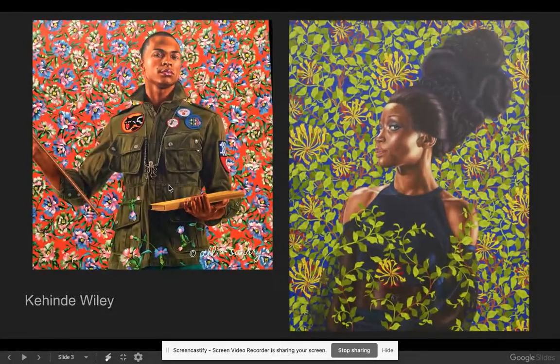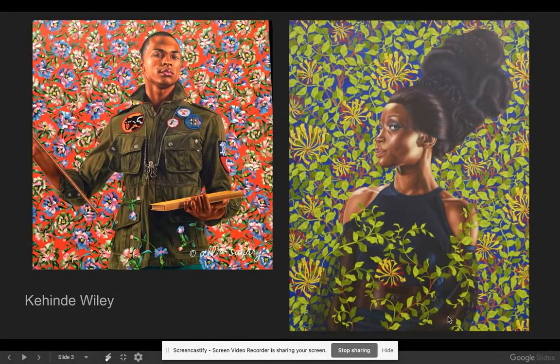Here are Kehinde Wiley's pieces that I was telling you about. He bases his paintings off of famous paintings, and he removes whoever the original person was in the famous painting and replaces them with a black person of color, and it is amazing. Then he brings in all these beautiful backgrounds, and they usually entangle around the person.